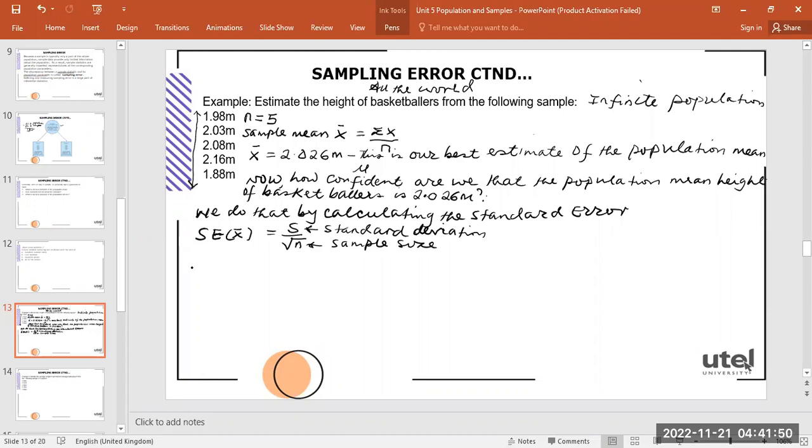So standard deviation, we already know, is given by this formula: the square root of the sum of (x minus x bar) squared, divided by n minus 1.